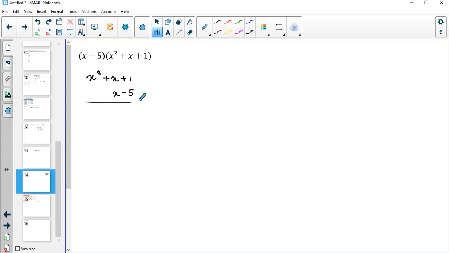Now you multiply it the same way you would when multiplying a bigger number. What's the first thing you're going to do here? You're going to multiply 3 with 326. So the same thing here, we are going to multiply negative 5 with this whole polynomial, which is up. I will write that separately so that it will not confuse me.